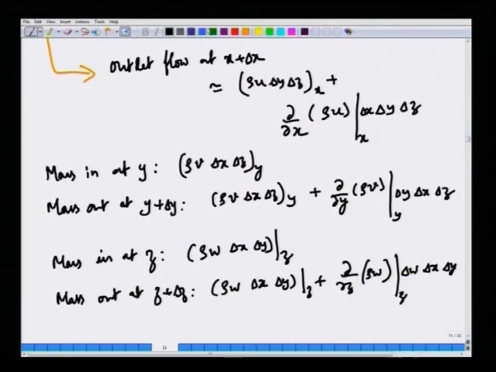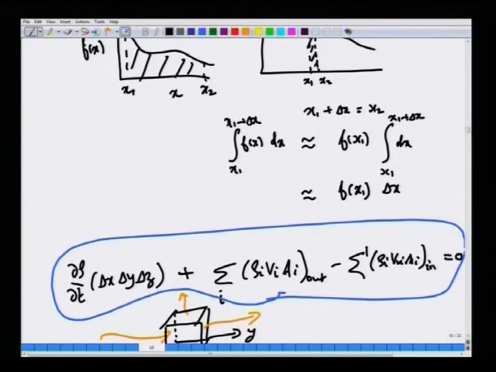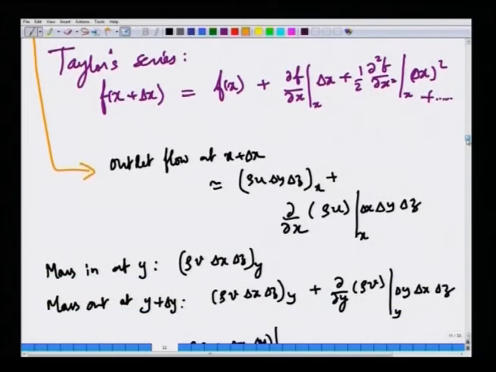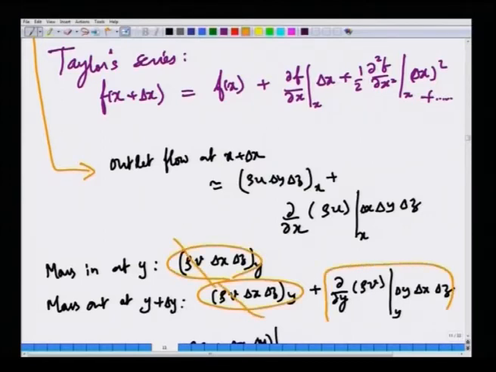If I have to take mass in minus mass out, or rather if you look at the first equation, you have out minus in. Then you will find that this term will cancel this term, because they are one and the same. So, the only term that is going to survive is this will be present.